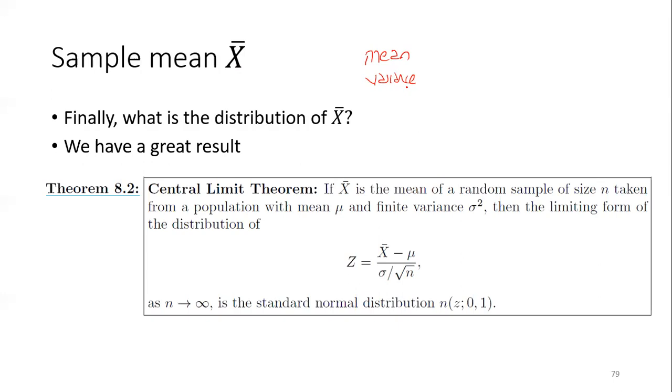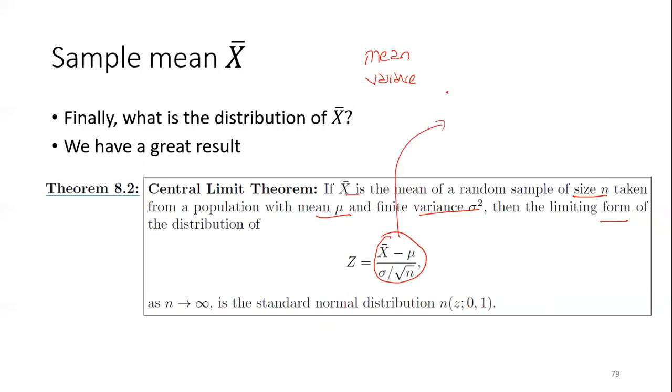Well, we have a great result: the central limit theorem. The central limit theorem says that if x bar is the mean of a random sample of size n, taken from a population with mean mu and finite variance sigma square, then the limiting form of this distribution is the standard normal distribution, which means you have a normal distribution with mean 0 and variance 1.